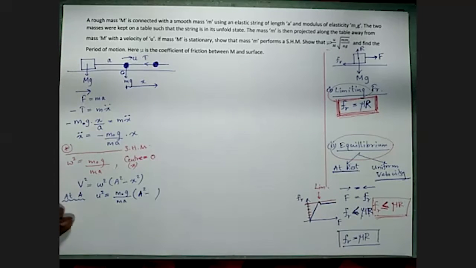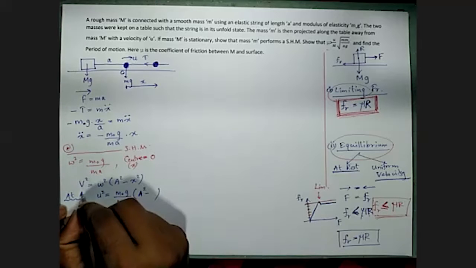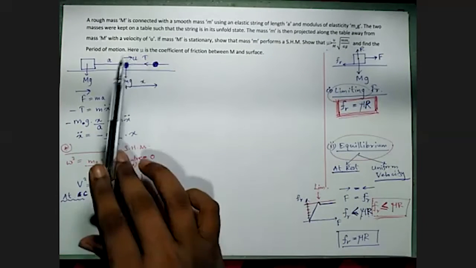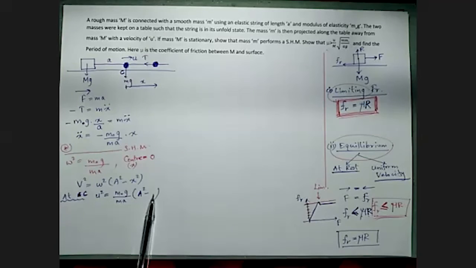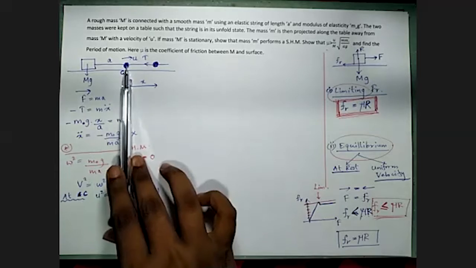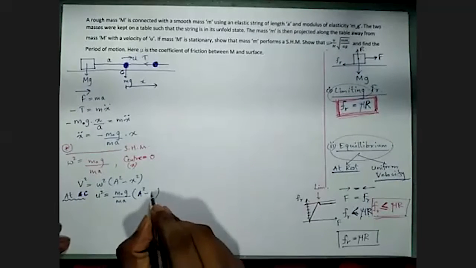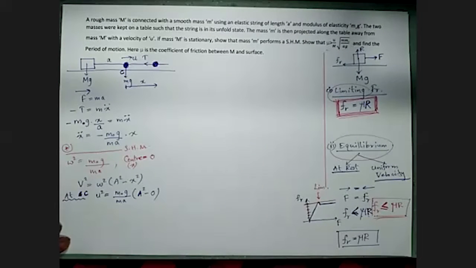There was no point A given, no? This is C, this point, not A. Separation from point C to center of our motion is 0, because point C and center coincide. Therefore, separation is 0.